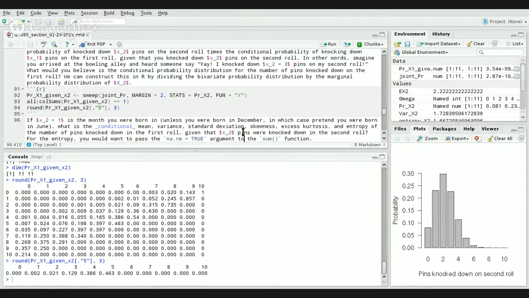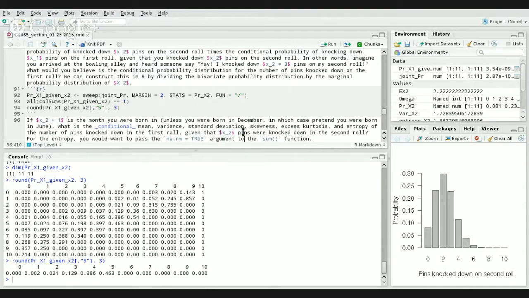And for the entropy, in order to do this question, you're going to want to pass the argument na.rm equal TRUE to the sum function, because for entropy, you may end up in a situation where you have 0 multiplied by the logarithm of 0. Since the logarithm of 0 evaluates to negative infinity, R thinks you're trying to multiply 0 by negative infinity, which is not defined, so it will return NA for those elements.